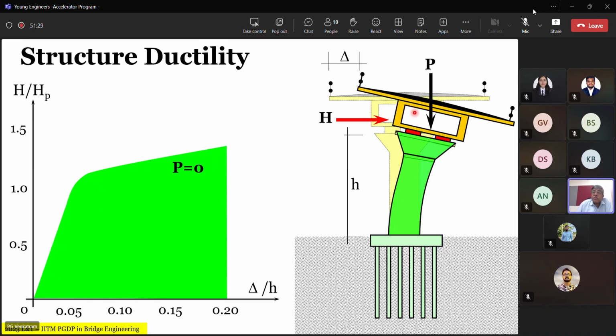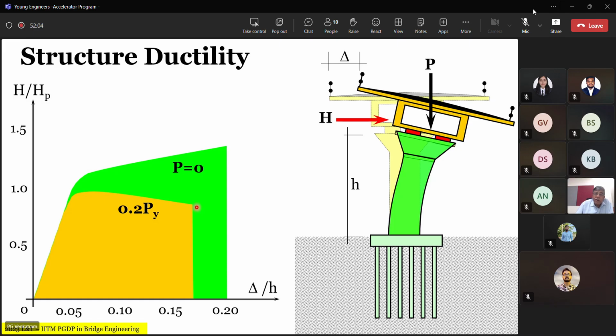So once we introduce a superstructure load, then as you increase the magnitude of P, you will notice that at 20% of it, when you reach the axial compressive stress at 0.2 of Py, the maximum yield strength of this column, you will notice that the ductility which is measured as HU by HY starts dropping.